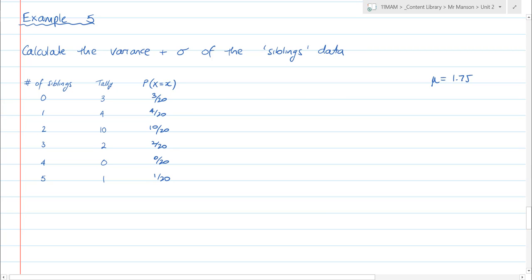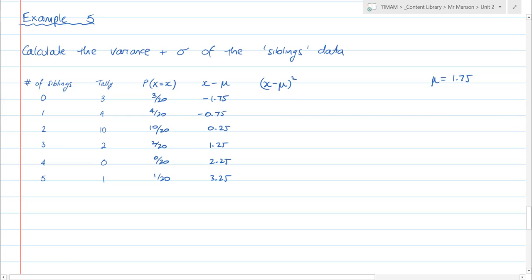So our x minus mu will be negative 1.75, negative 0.75, 0.25, 1.25, 2.25, 3.25.